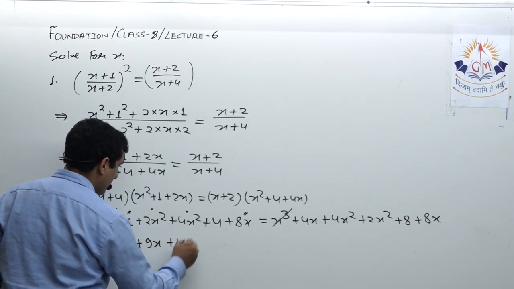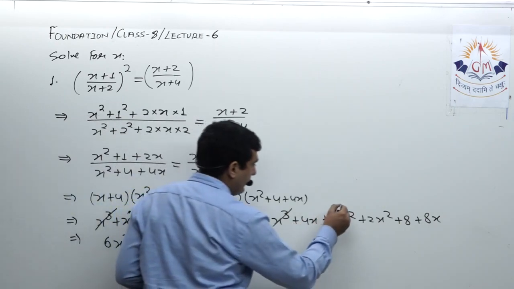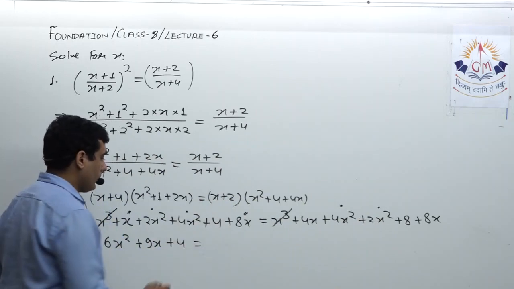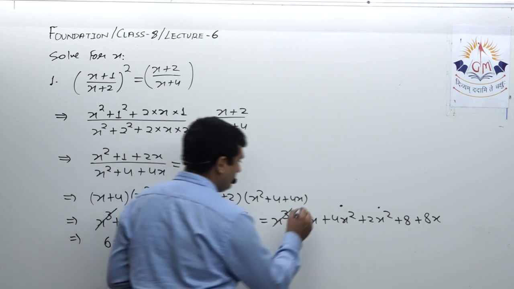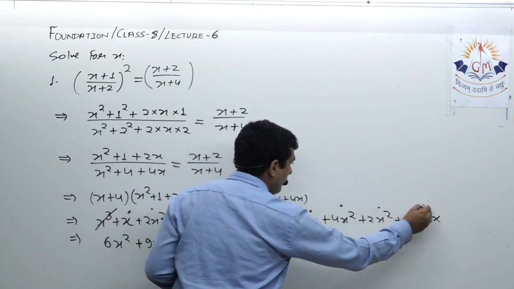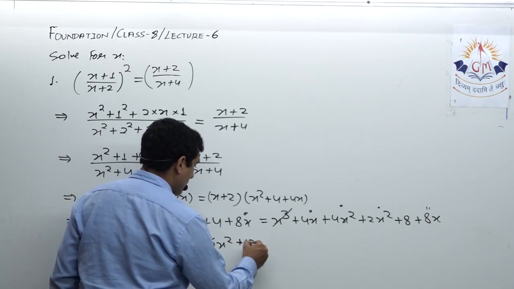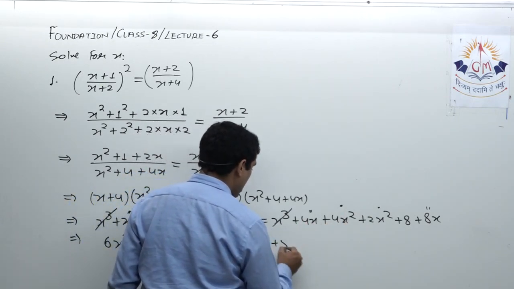Then finally the constant term, that is 4. Over here again, the terms containing x square, 4x square plus 2x square, that is 6x square, then 4x plus 8x, that is 12x, and the constant term there is only one, that is 8.